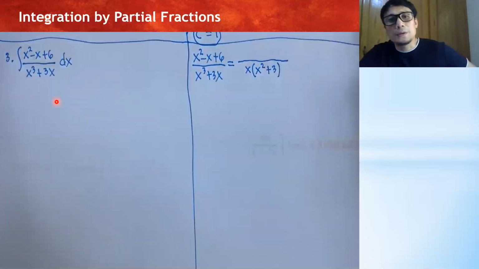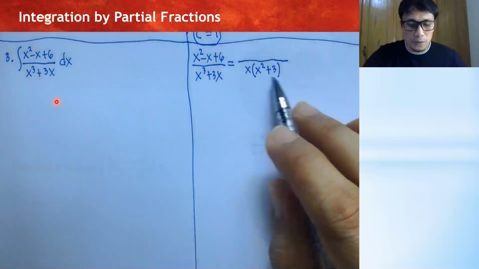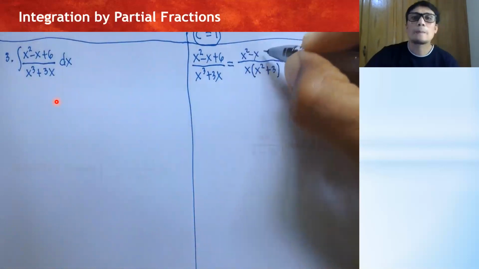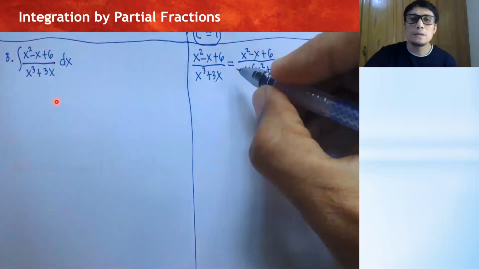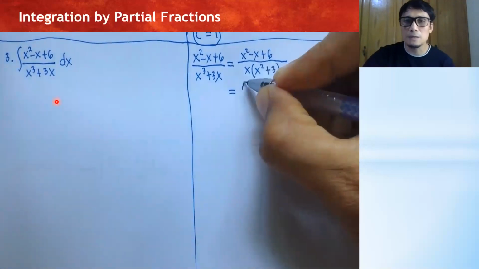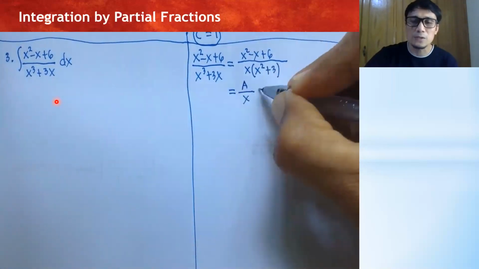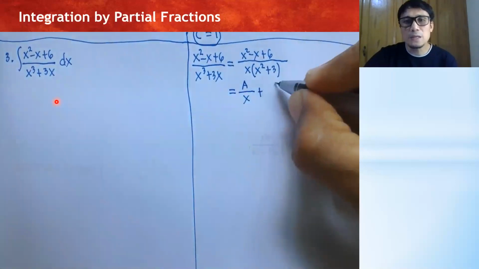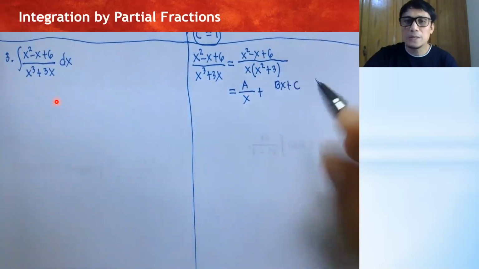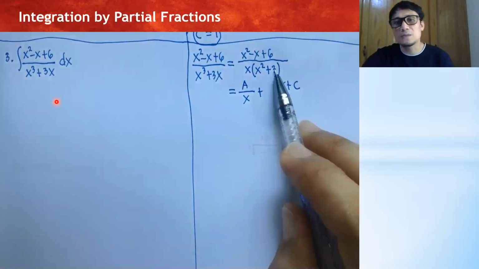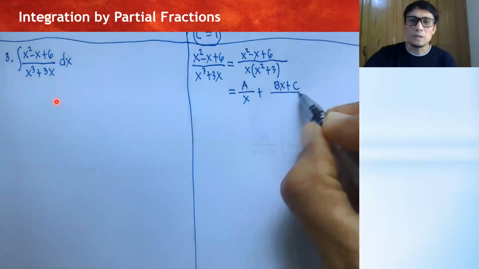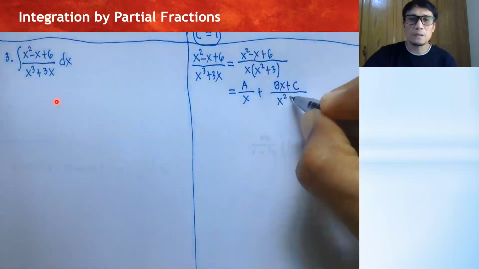Okay, then we rewrite the numerator. And then there are two partial fractions. And the first one is A over x, corresponds to the first factor. Well, the second one is a linear form of Bx plus C, because your denominator is quadratic. Okay, so Bx plus C over x squared plus 3.